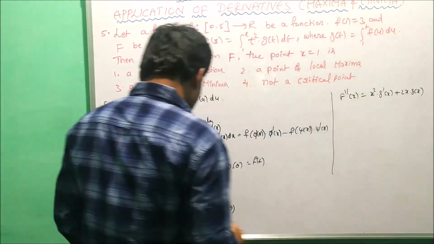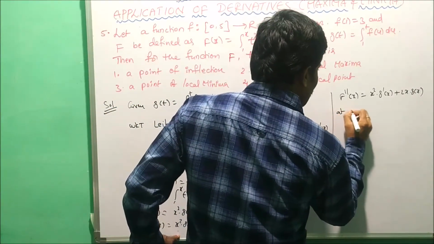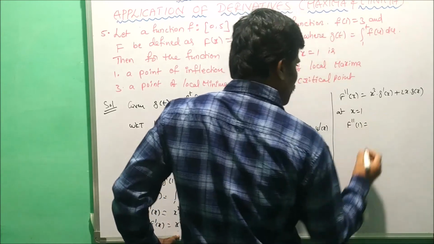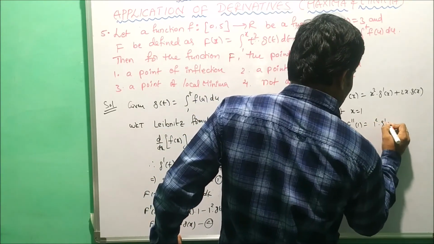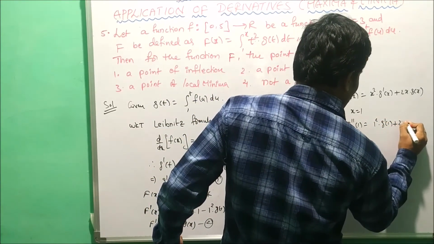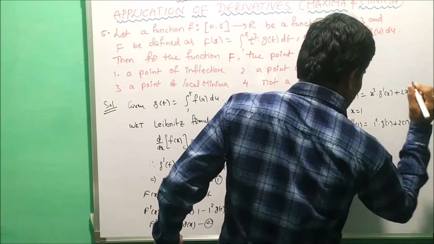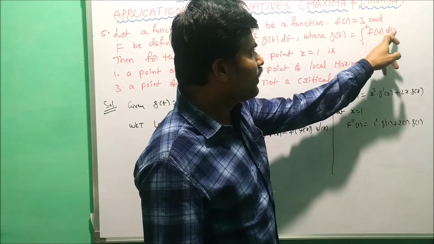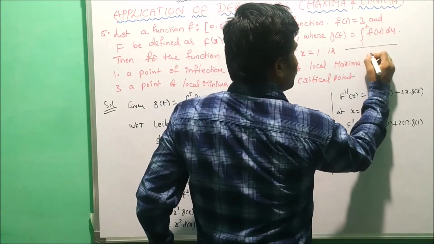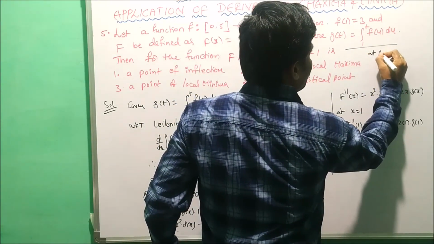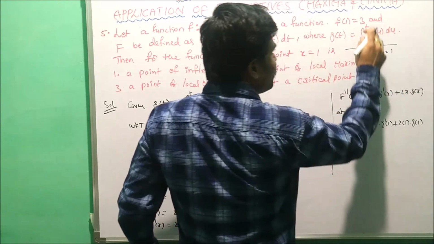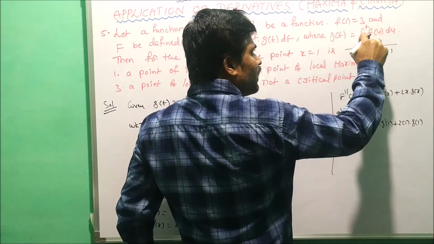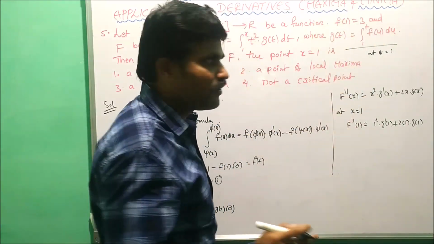Now at x equals 1, F double dash 1 equals 1 square into g dash of 1 plus 2 into 1 into g of 1. Here we observe g of t equals integral 1 to t f of u du. So at x equals 1, the integral limits are the same, 1 to 1. Between the same limits, the integral value is 0.